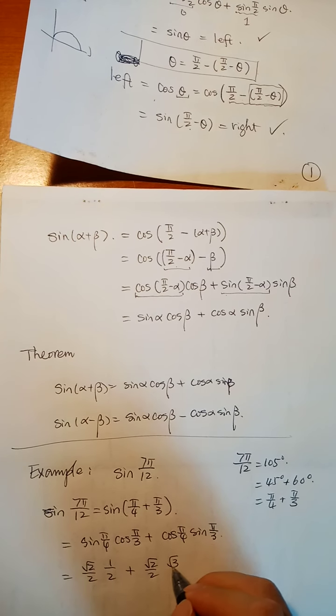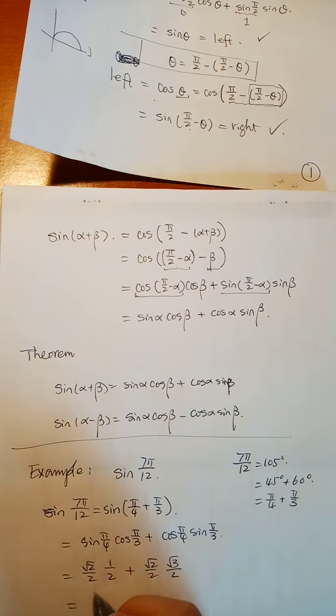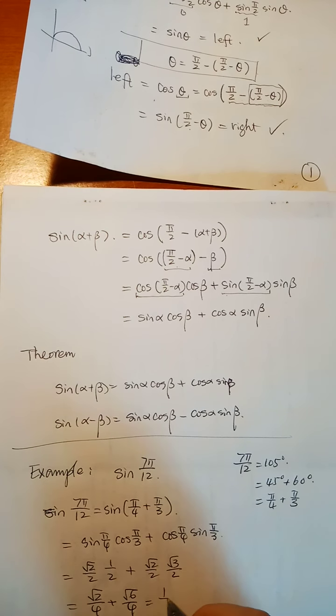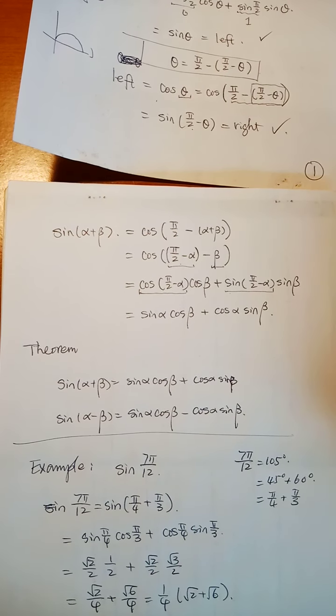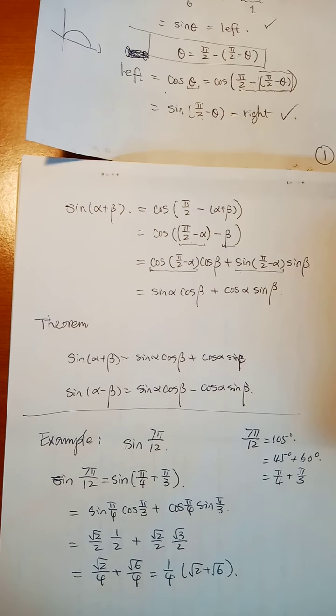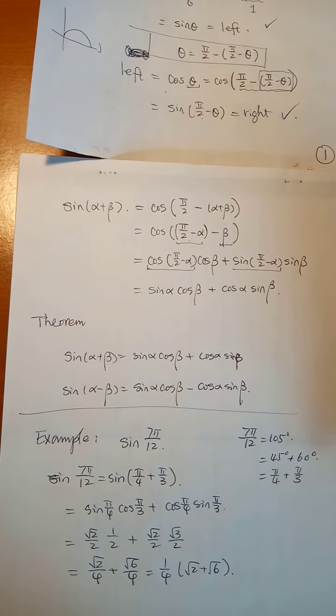Sine pi over 3 is root 3 over 2. So it's root 2 over 4 plus root 6 over 4. Okay. This is sine 105 degrees, or sine 7 pi over 12.